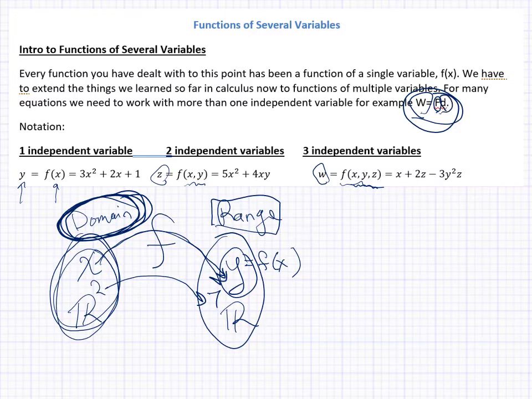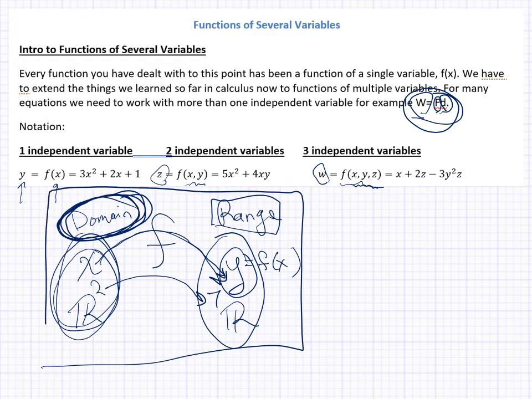So you don't just have one independent variable, but multiple independent variables. This is what we need to get used to studying here. And the more you remember and understand the concept of a single independent variable, the better we'll be able to understand and work with multiple independent variables.